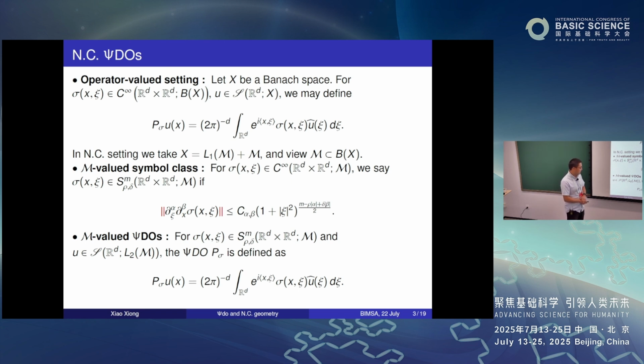I just want to recall that inside this integral, the noncommutativity appears, because now u takes values in some algebra, and sigma also takes values in some algebra, so they don't commute.